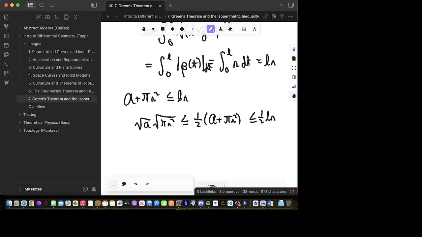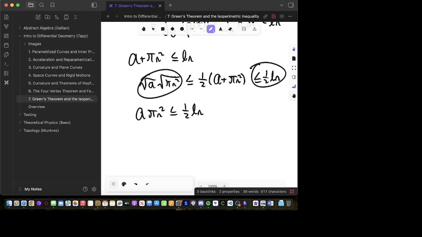If we square this side and this side, we get A times pi r squared is less than or equal to, this should be 1/4 L squared R squared. That's my bad. So we get L squared is greater than or equal to 4 A pi, as we desired.